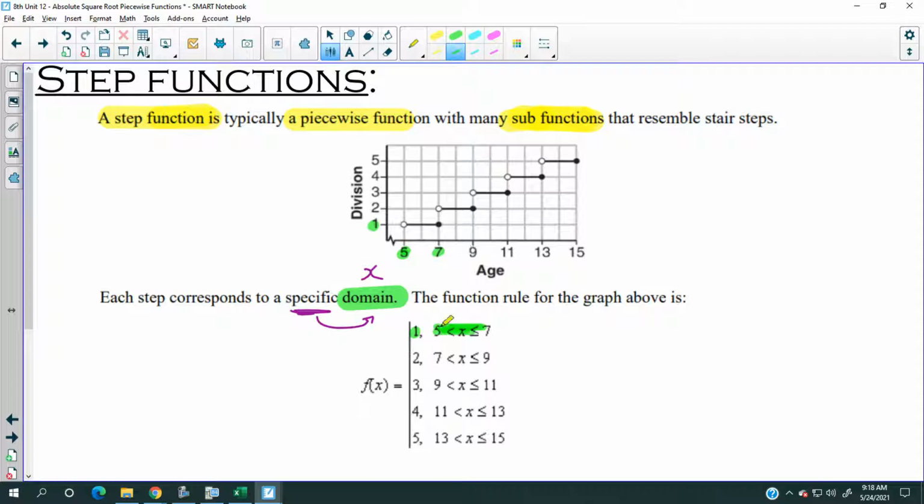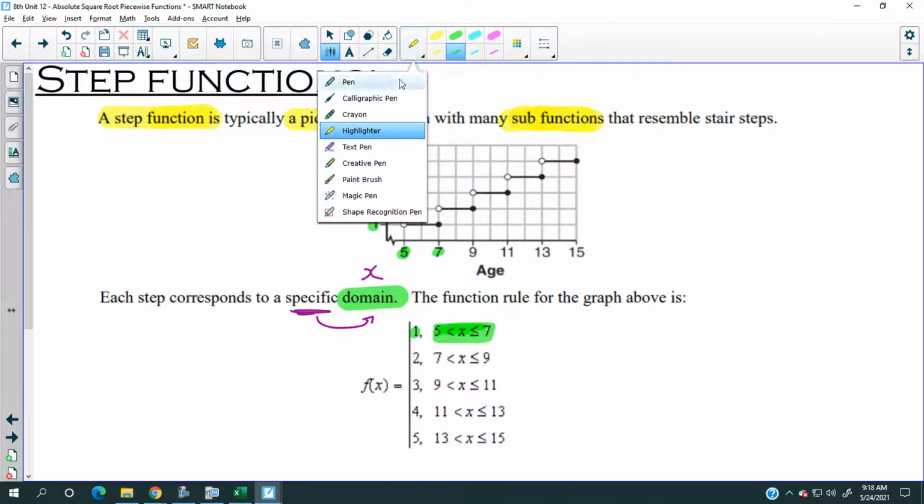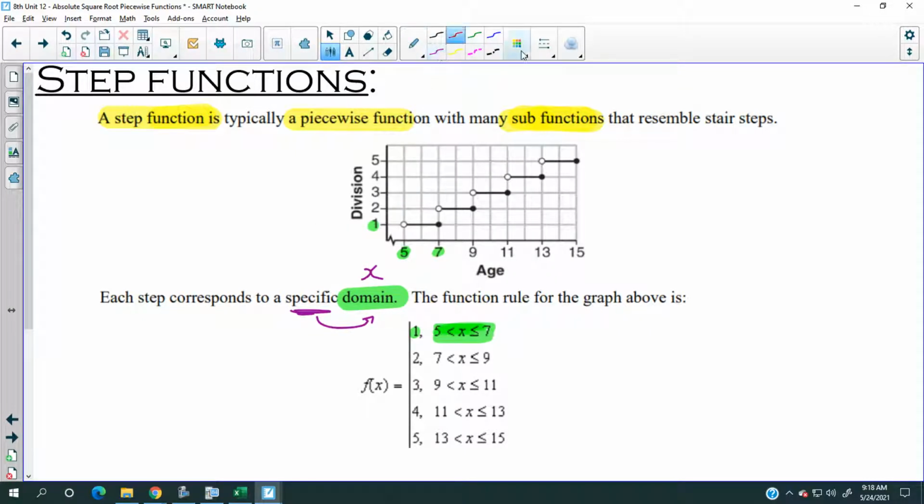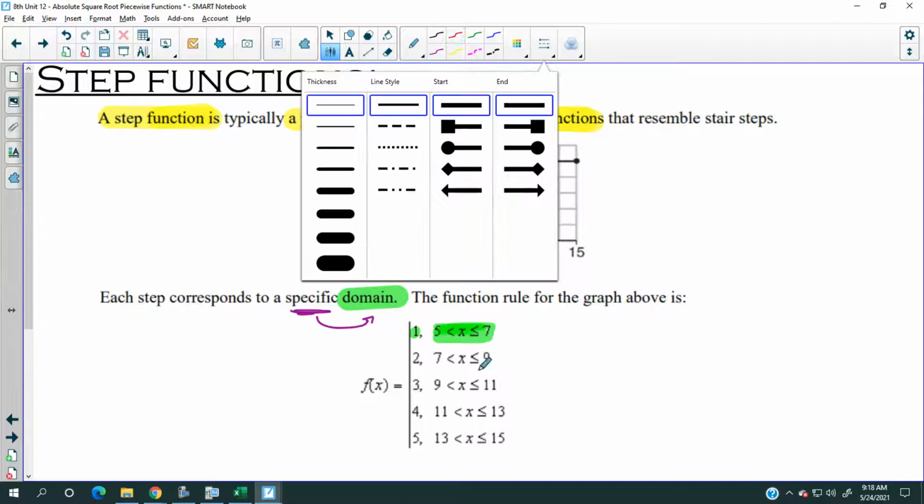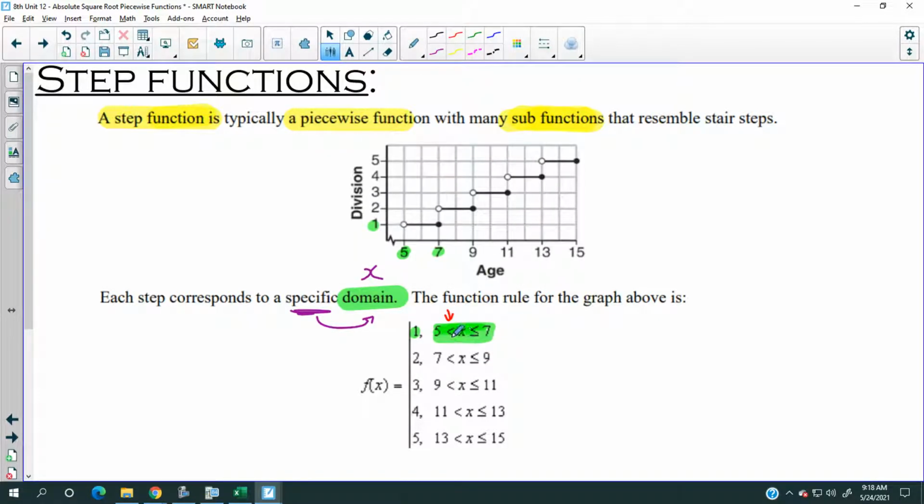Look at this for the clue. Right here, this symbol, there's no line underneath, not inclusive. You see that? So that's why.